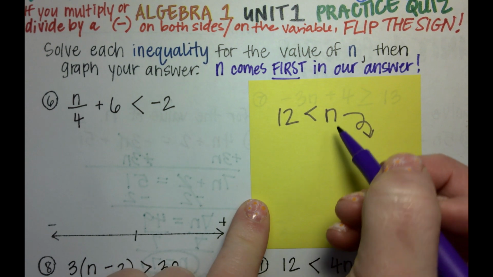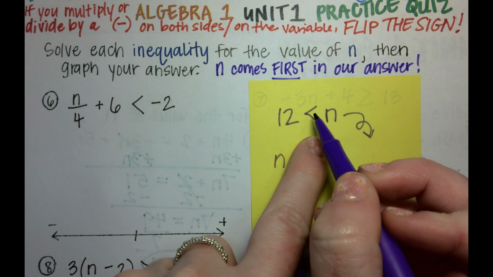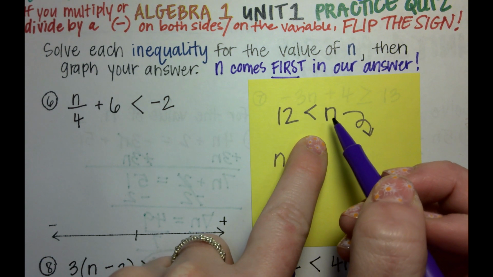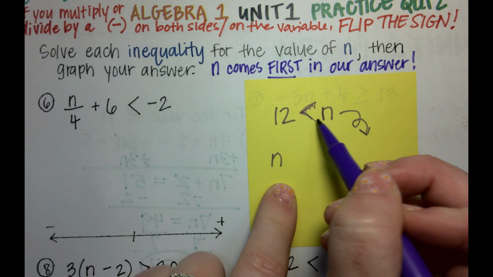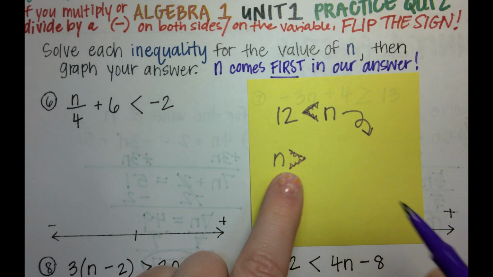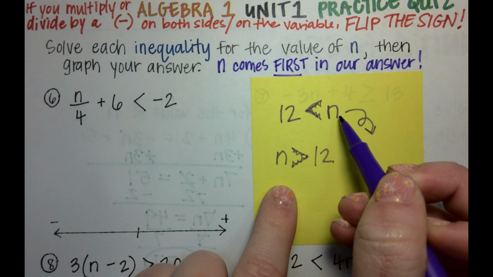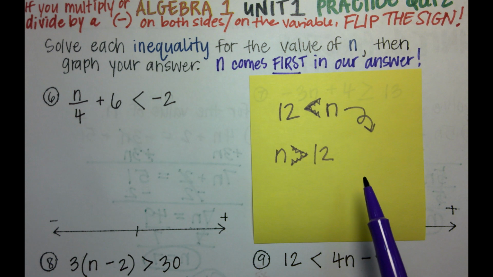So to make n come first, I'm going to put n first. And then I'm going to make sure that my alligator, because it's eating the n here, is still eating the n when I flip it. So my teeth are still towards the n. You see that? So that's how we flip it. We need n to come first. Okay? Does that make sense, you guys?